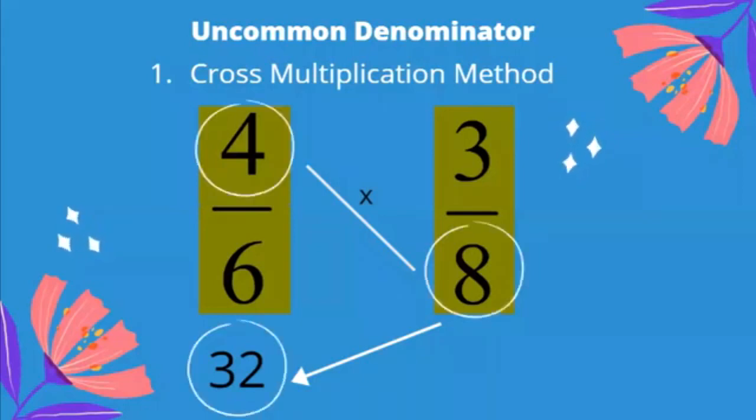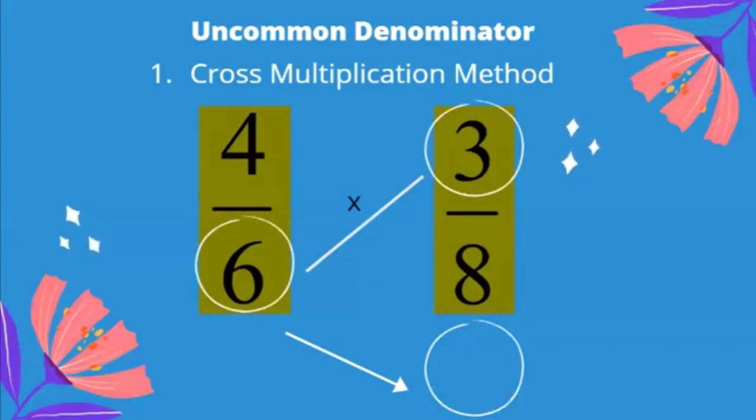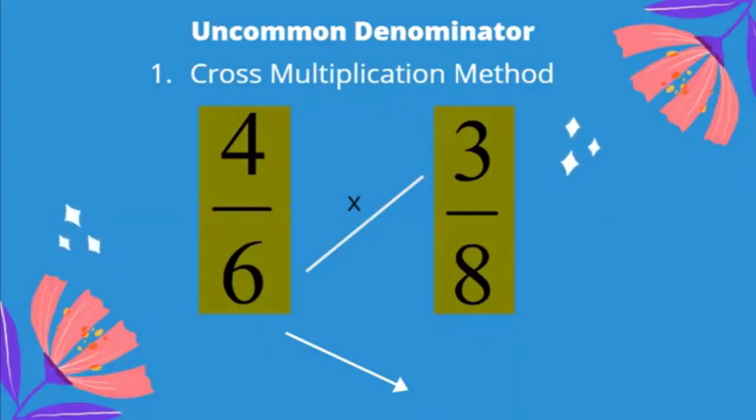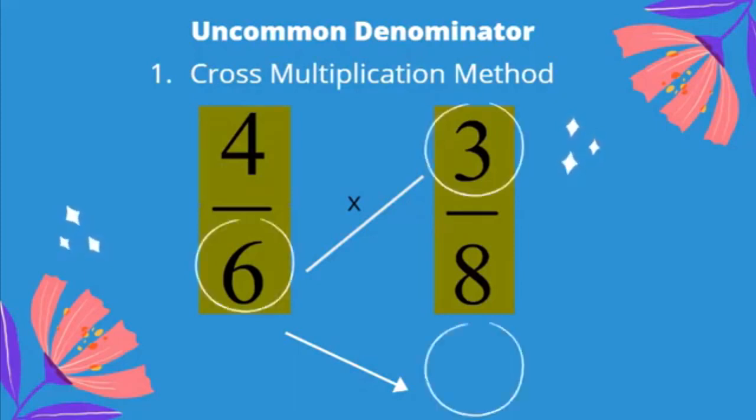Now I will circle the other part. Can you see it? The first denominator and the second numerator. Let's multiply them, but we need to write the answer on the right side. So 3 multiplied by 6, the answer is 18. Here it is.